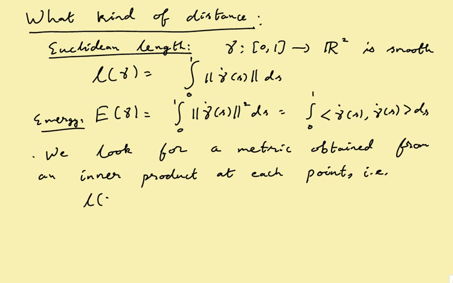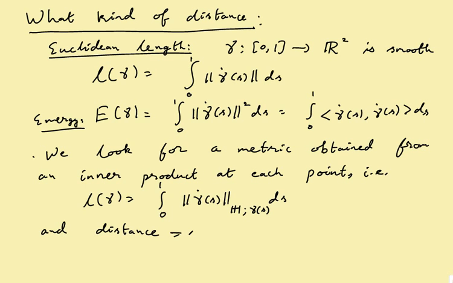That is to say, we have an inner product at each point, and we want the length of gamma to be the integral from 0 to 1 of the norm of gamma dot of s, and maybe for now, for emphasis, this depends on the point gamma of s, ds. Distance is shortest length, more generally the infimum of length.